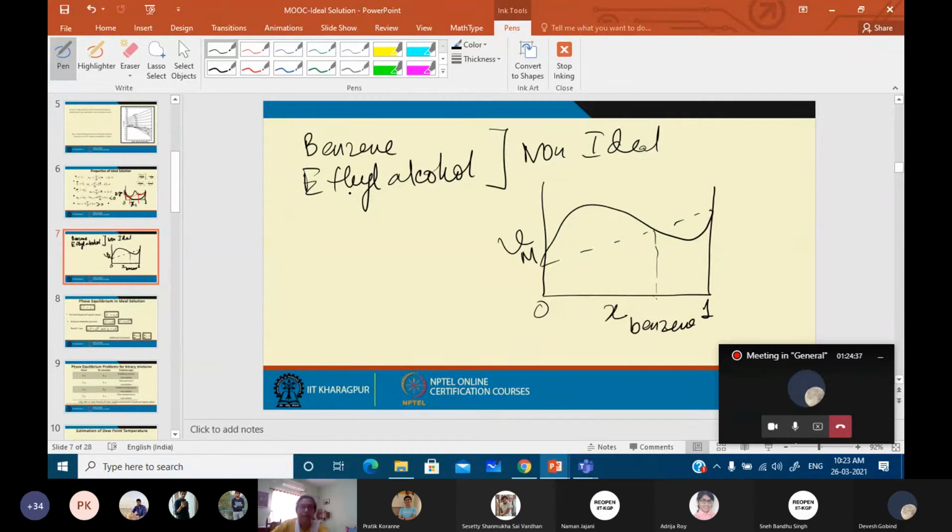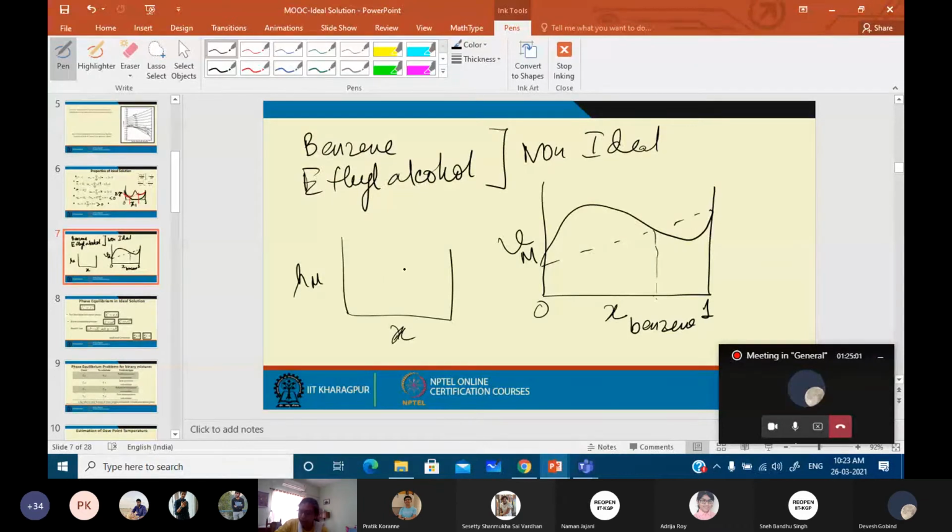So it's safer that whenever you are testing whether two constituents form an ideal solution or not, you do not test it at one particular composition. You are supposed to repeat the tests at different compositions. Same type of graphs you can get for different components when you are plotting your H mixture as a function of composition.